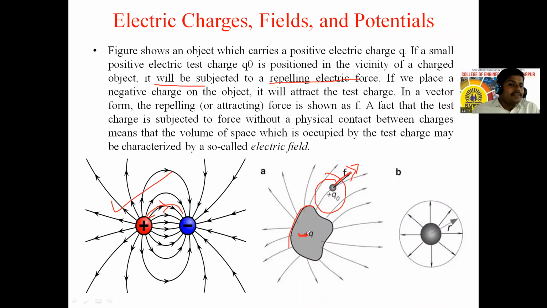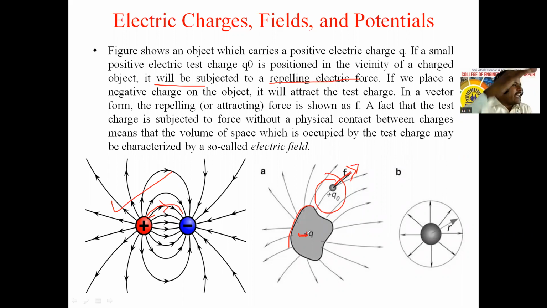The fact that the test charge is subjected to a force without a physical contact between the charges means that there is a volume of space, right? Is there a physical contact between the test charge and the charged object? No. That means in between that volume or space, some electric field will be present, right? So this is nothing but an electric field.